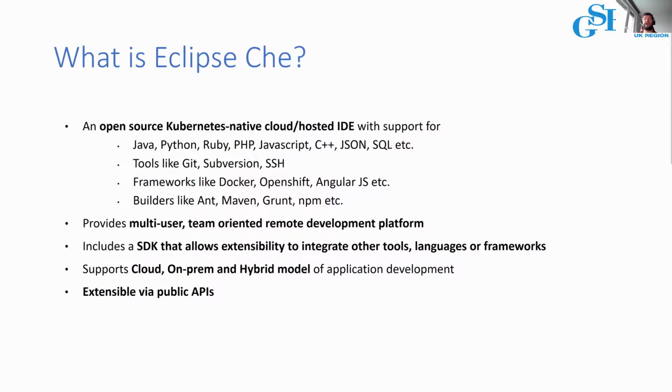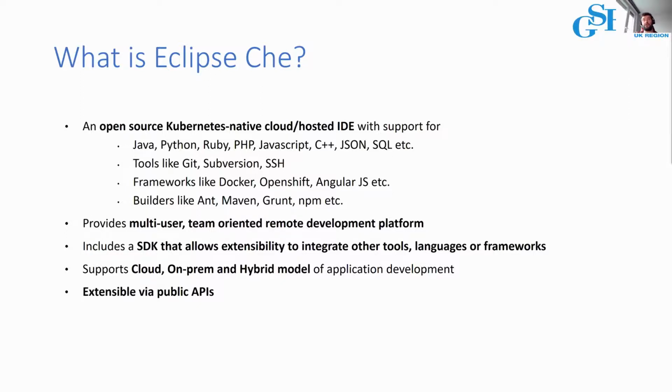It comes with the SDK, which allows integrating other tools or frameworks within Che. We can have our own Che running either on Linux machines or in the cloud, or it can be running on-premise or as a hybrid model of application development. It's really open for extensibility. Using the public APIs, you can literally extend almost everything there.